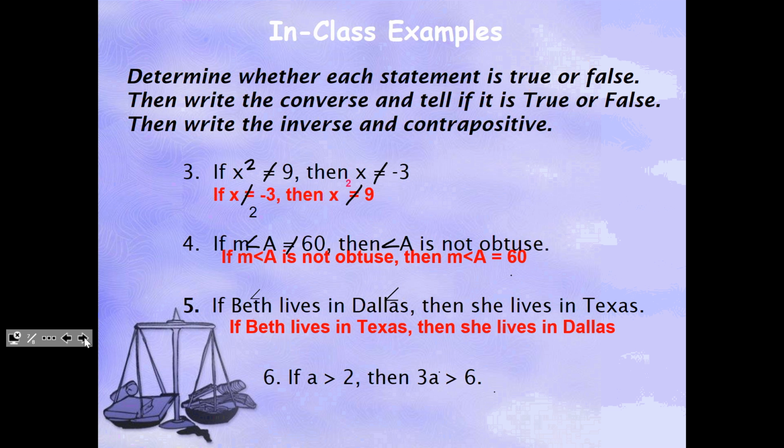And then if I write the converse, what am I going to do? Flip it. So then it would read, if 3A is greater than 6, then A is greater than 2. Would that be true or false? True, right? We would just basically solve to check the validity, divide by 3. We actually get exactly what we would have written over there, right? Okay, good deal.